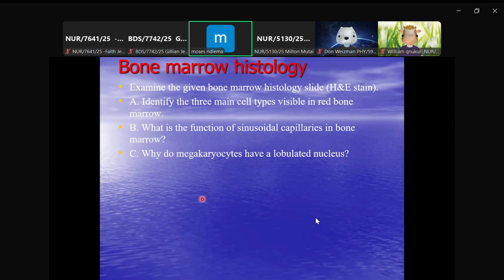The nucleus is extruded. So that cell, which has an extruded nucleus, but is still very rich in organelles, still synthesizing proteins, hemoglobin, is referred to as a reticulocyte.